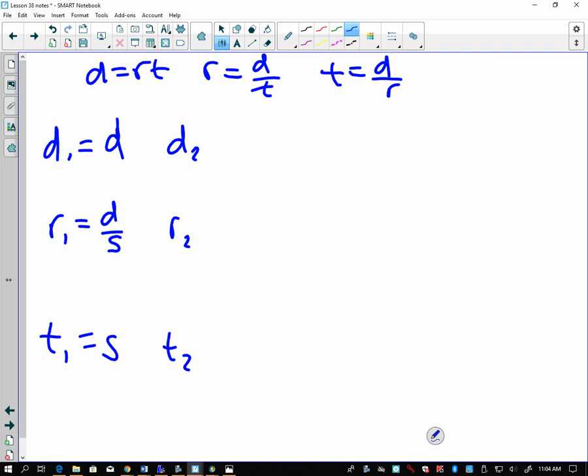And then he traveled p miles in n hours. If he maintained his overall average rate, how long would it take him to travel 80 miles? So in the end, I want time, right?